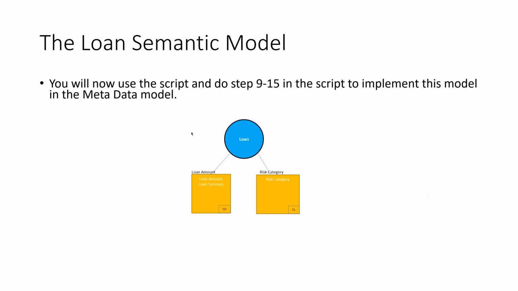This is a representation of loan where we have a loan amount with its currency and we have a risk category of the loan. So let's start to implement this in the metadata layer. This loan model, which is a business model, will now get implemented into our metadata layer.